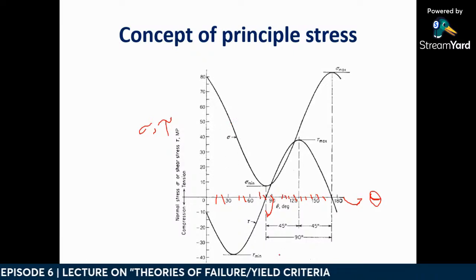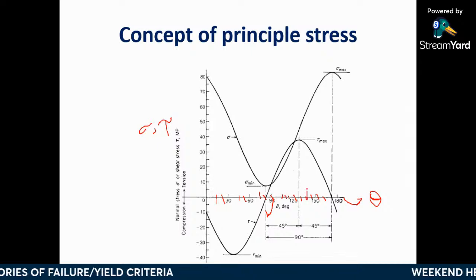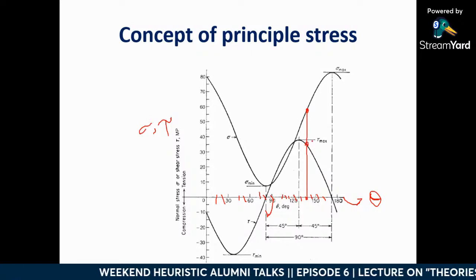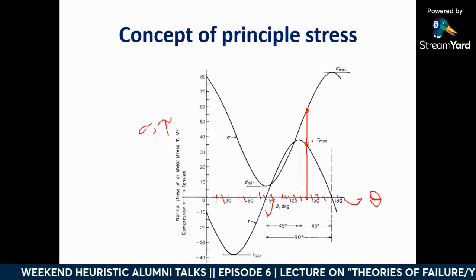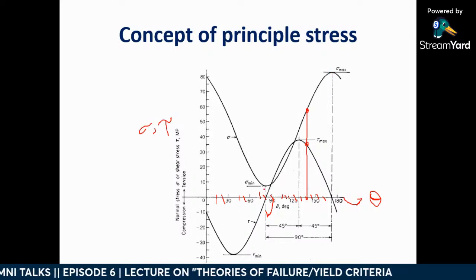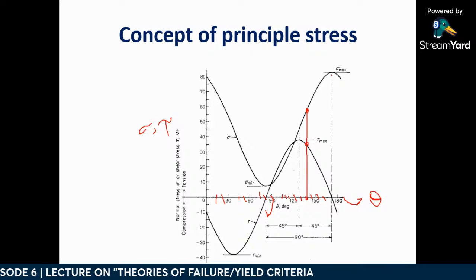So what about these values? This will represent one plane and the corresponding shear stress and corresponding normal stress on that particular plane, right? So now what is interesting here? Whenever sigma reaches the maximum or minimum, what is the corresponding shear stress on that particular plane?